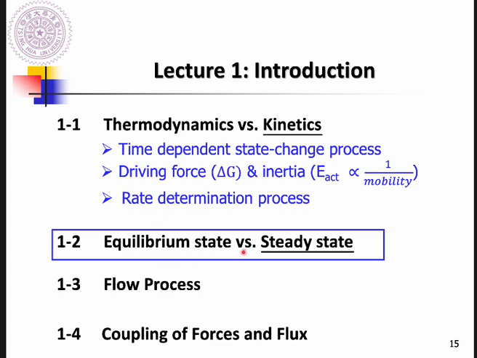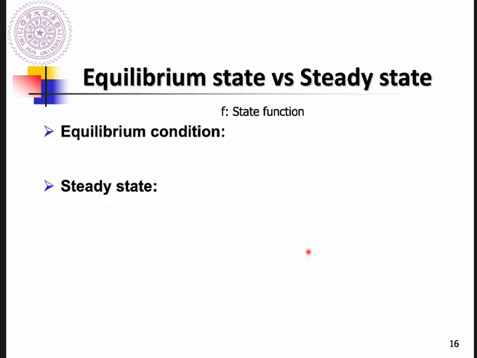It's the equilibrium state versus the steady state. So what is equilibrium state and what is steady state? We have some definitions shown in our textbook. Equilibrium state can be considered as F, the state function, which can be temperature, pressure, energy, and so on.